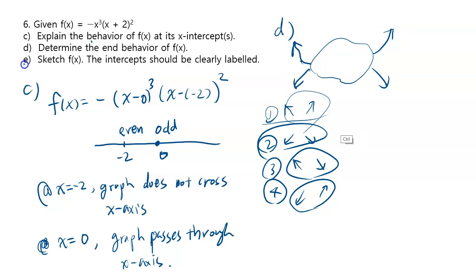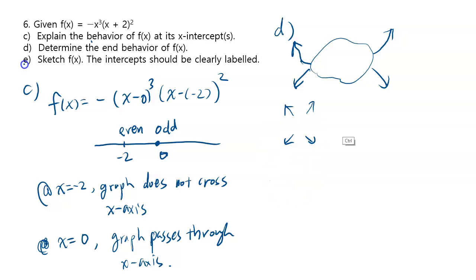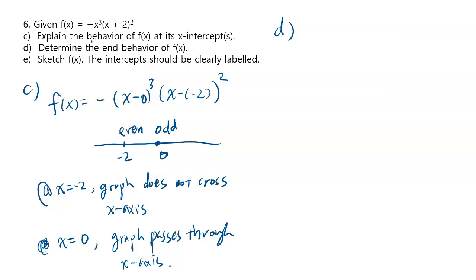Alright. So let's see, for our case, let me just erase this. We have this function, and the end behavior is determined by the highest order term, or the leading term. So if you expanded this, what kind of leading term would you get?